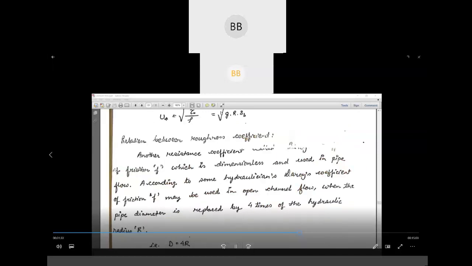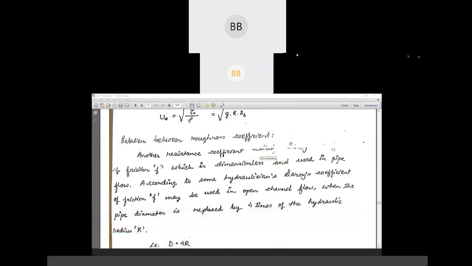Dimensionless and used in pipe flow. Another resistance coefficient is called Darcy's coefficient of friction, small f, which is dimensionless and used in pipe flow.